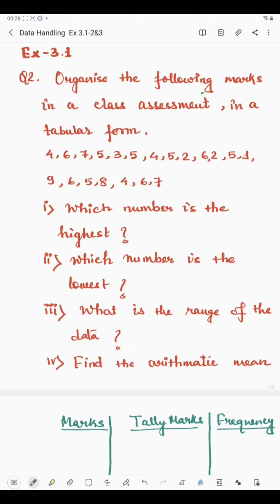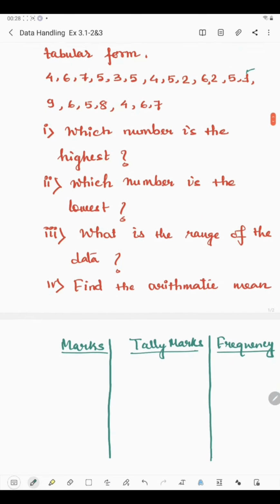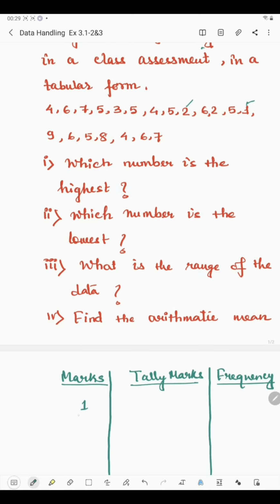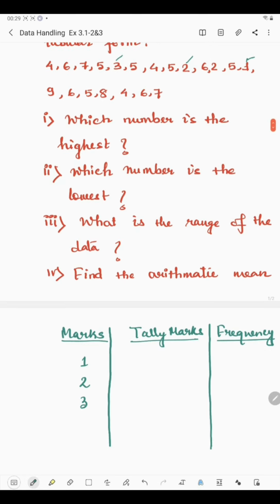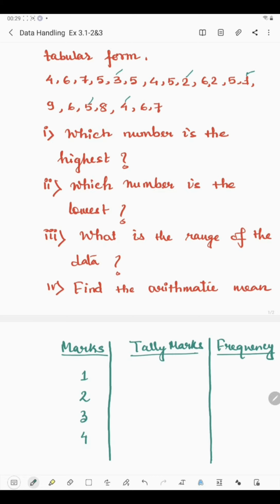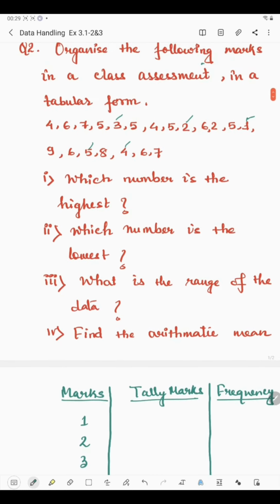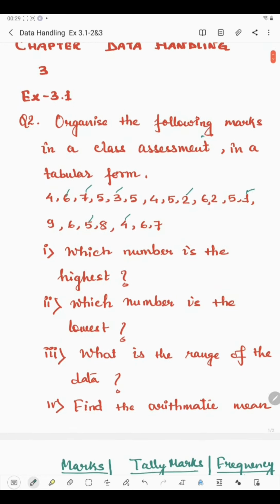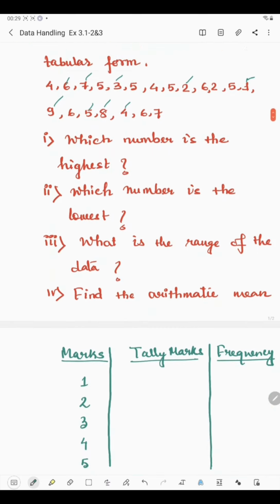Now, from the data, we have to see which marks are there. We have 1, okay, 2 we have, then 3 also we have, 4, 5, 6, 7, and 8, 9.